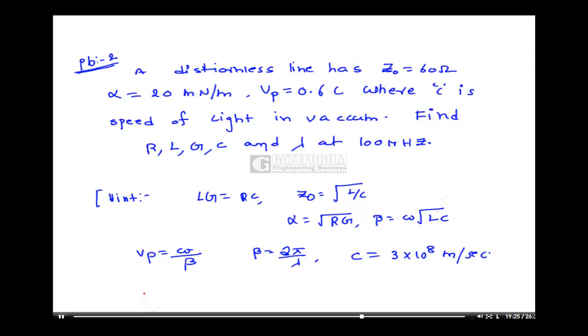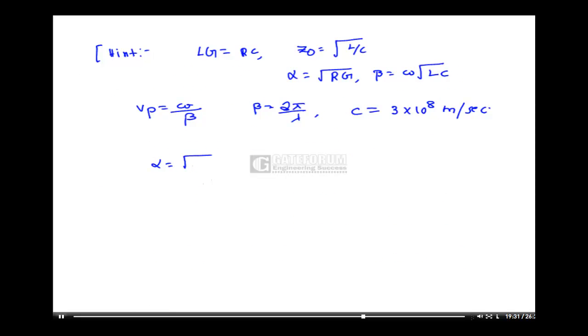Now what we can do is, alpha is equal to square root of RG. Alpha value is given. So this I can write like this, that is equal to square root of R into G value, where G value I know from this.